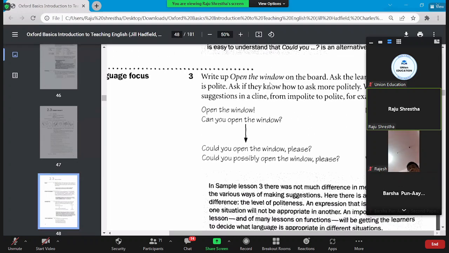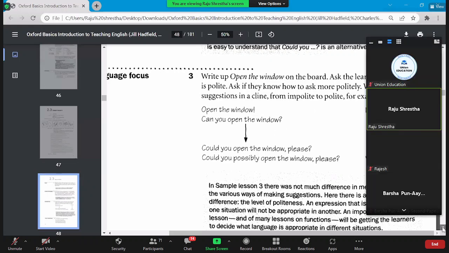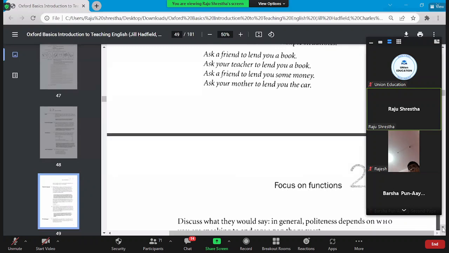Right of way, open the window on the board, ask the students if this is polite. This was discussion. अब यहाँ तल जान जान्छ.